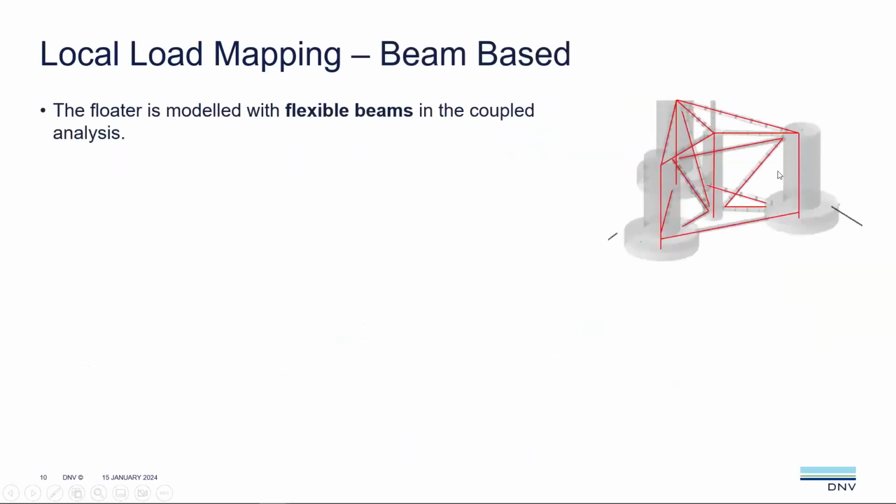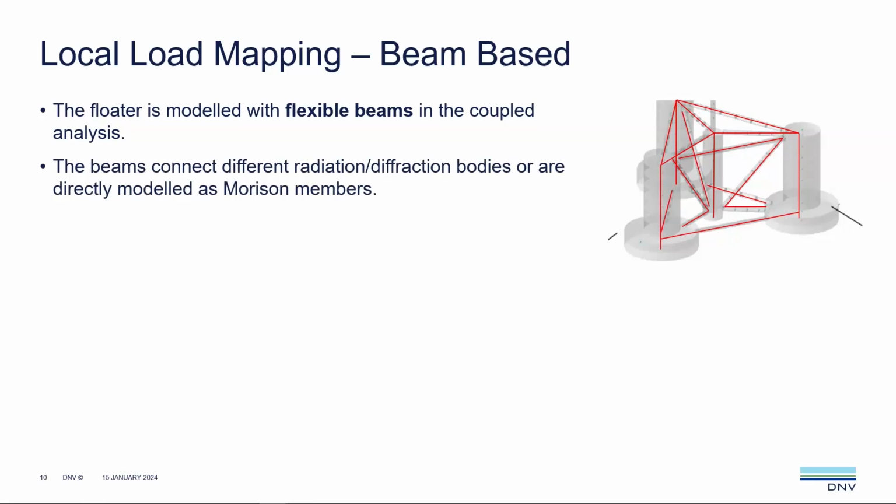Starting with the beam model first, as the name suggests, in this case we're looking at a representation of the structure, in this case the OC4 in this example, using flexible beams. These beams are connected to hydrodynamic bodies, which can be potential flow bodies, so radiating or diffracting bodies, or instead Morison bodies as well.